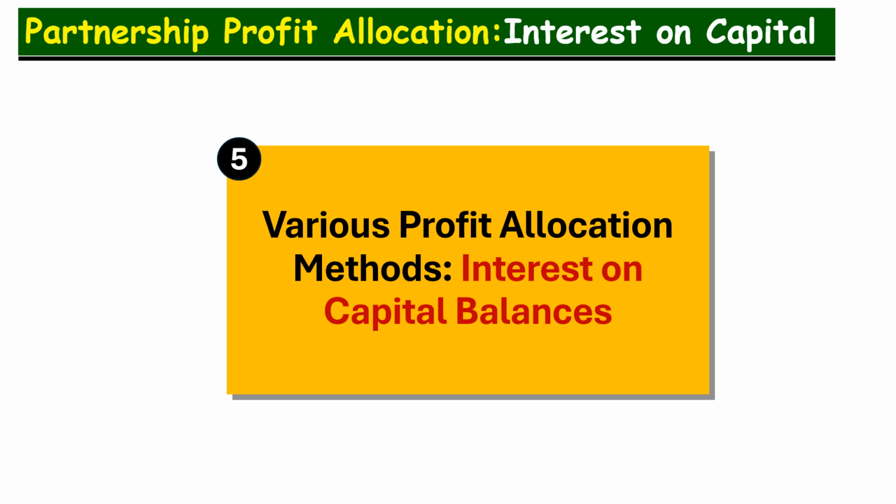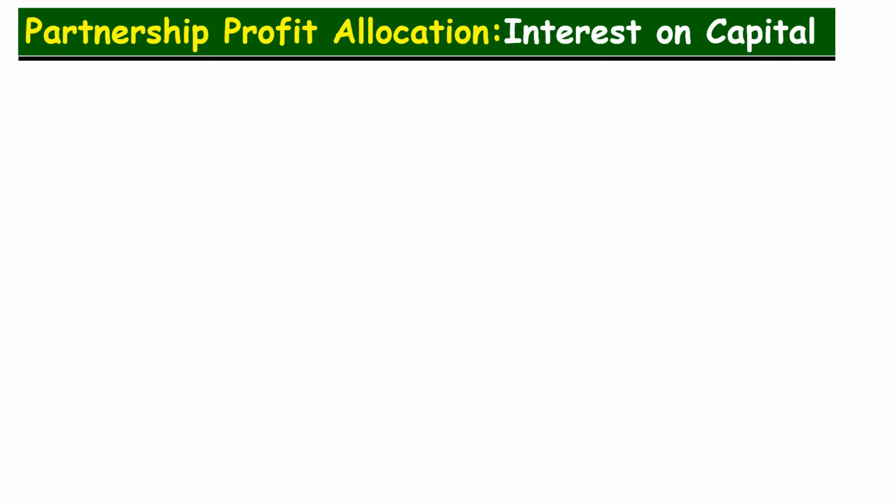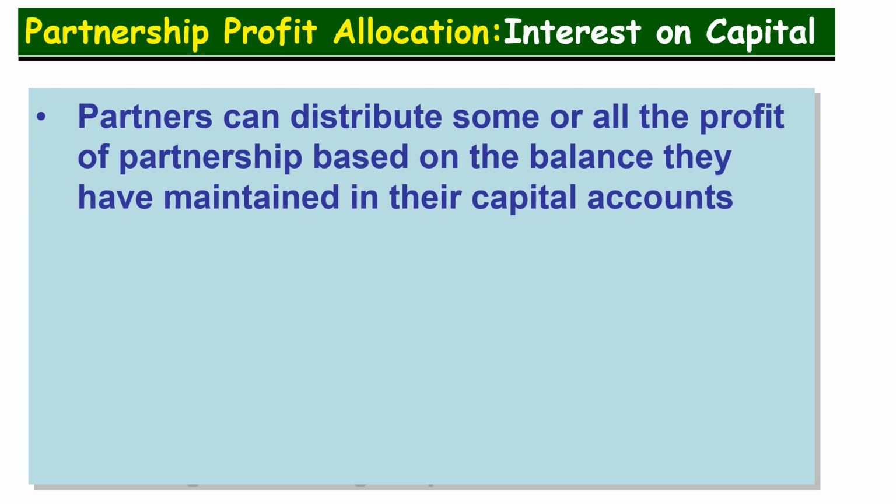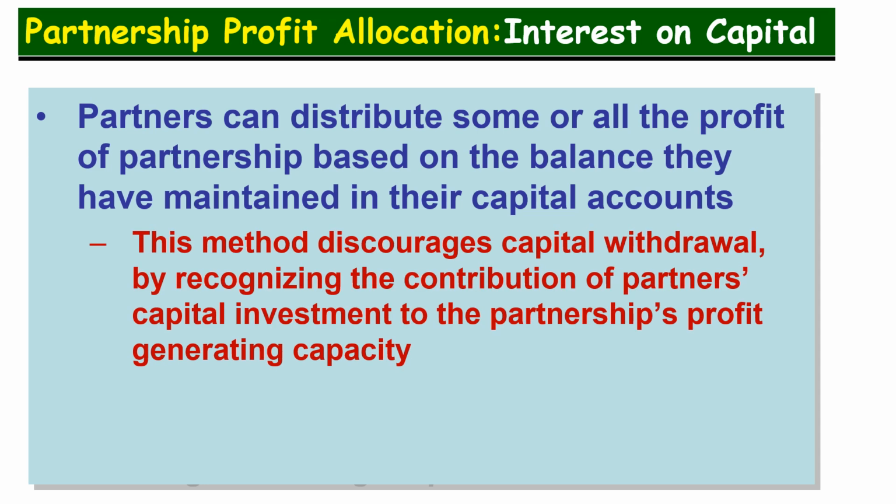So let's look at the second method of profit allocation, which is interest on the capital. Now, partners can distribute some or all of the partnership profit based on the balances they have maintained in the capital account. This method discourages capital withdrawal by recognizing the contribution of partners' capital investment to the partnership's profit generating capacity.